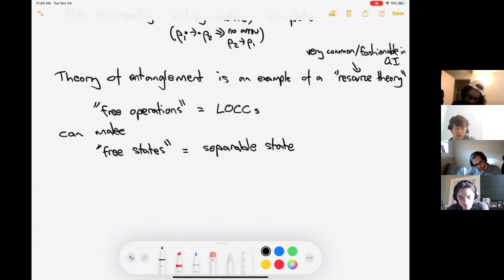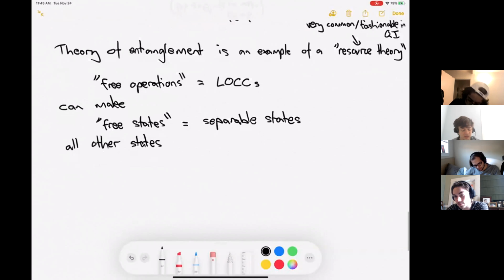They're the things that are cheap if you can cheaply do these free operations. All other states are then defined as resource states, which are useful resources that allow you to do things you otherwise wouldn't be able to do.